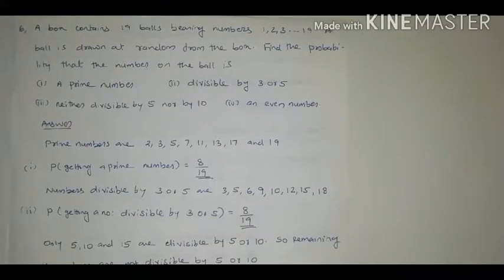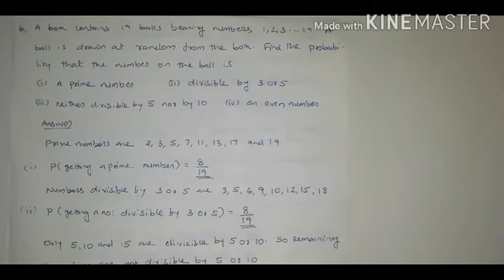So 3 numbers are divisible by 5 or 10, which means the remaining 16 numbers are not. So the probability of getting a number which is neither divisible by 5 nor by 10 is 16 by 19.